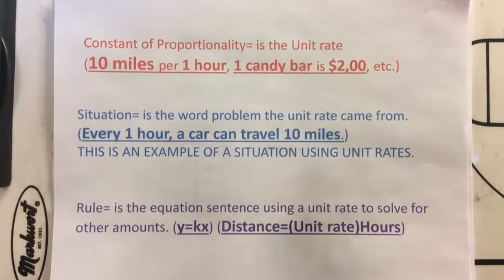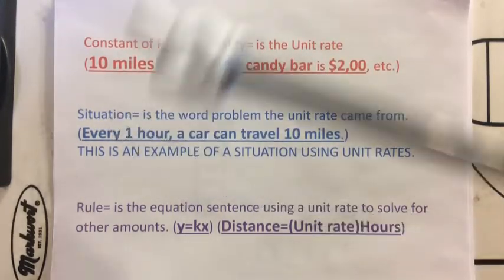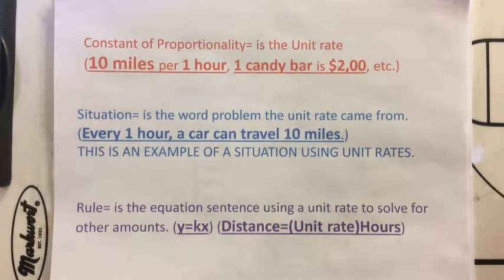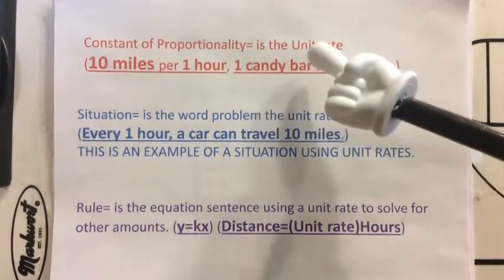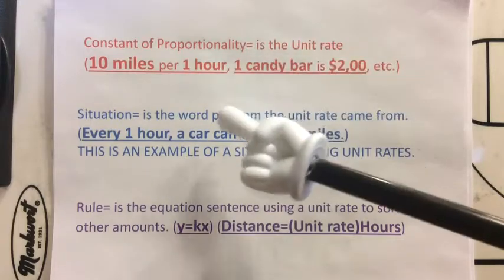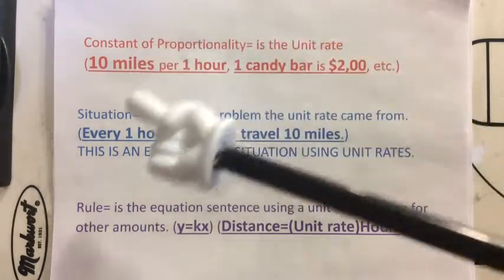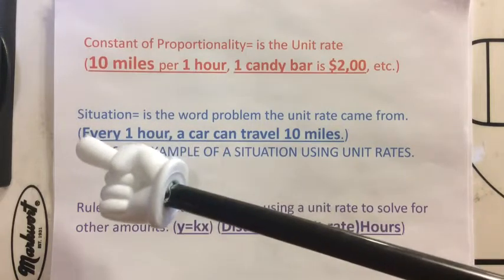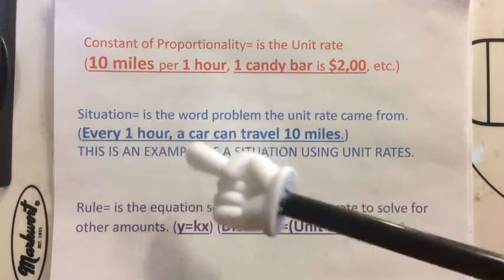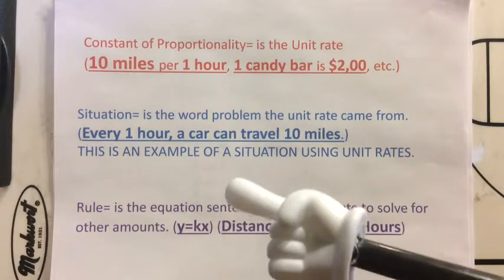The second term you have to know is called the situation. So the situation is the word problem the unit rate comes from. So when you are trying to figure out your unit rate, it is the word problem or word story that the situation is involving. So for example, every 1 hour, a car can travel 10 miles.